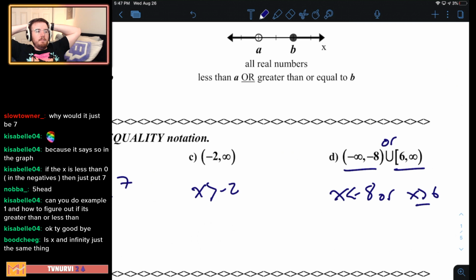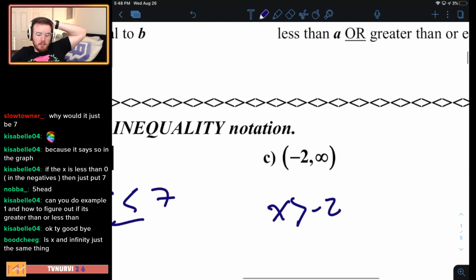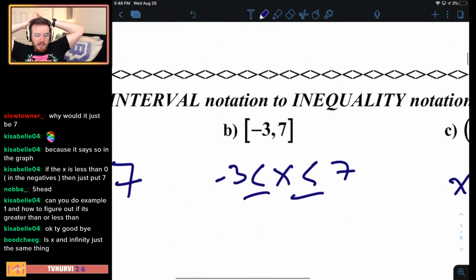X and infinity just the same. X represents the number, right? So this is referring to a group of numbers. So X represents that group. It's saying X, the numbers that I'm talking about, are bigger than negative 2, right? Here's this group of numbers, negative 3 to 7.